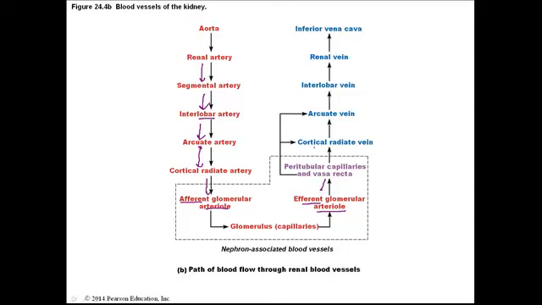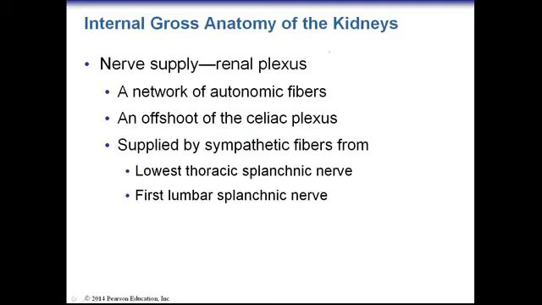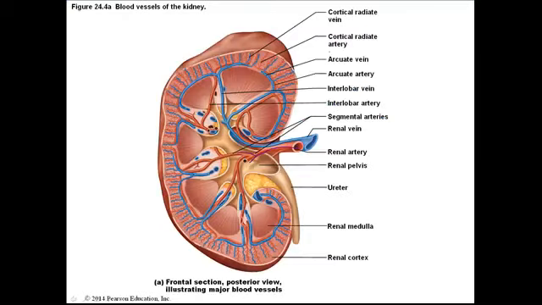You need to memorize the flow of blood through the kidneys. That just takes a few minutes a day. Okay? And if you follow it through the actual kidney, it's a little bit easier maybe. So you have your renal pelvis, your segmental arteries, your interlobars, your cortical radiates.